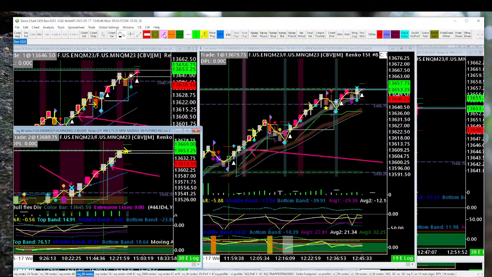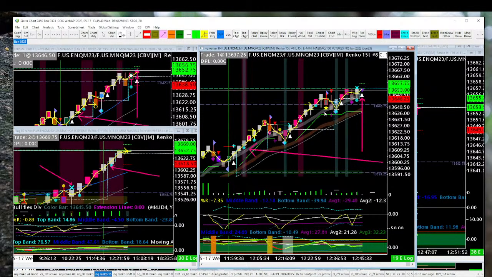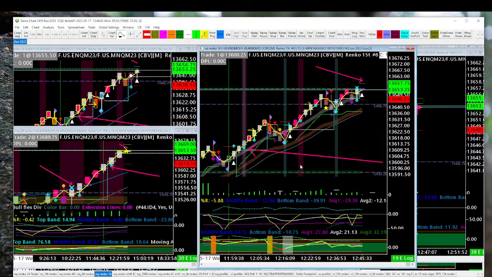So for instance, on the current bar that's live on the 15 tick, we see a white triangle. That triangle is not valid until we close. It's warning me that if it closes bullish and the conditions stay the same, it will have a triangle up. But if it closes bearish, or if those conditions change, that triangle could disappear by the time the bar closes. So once it closes, it's valid.